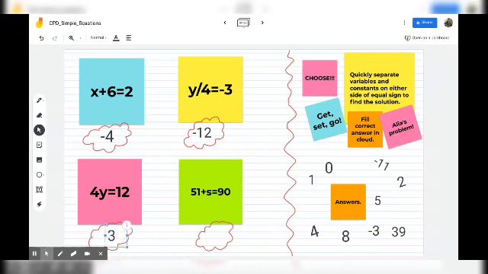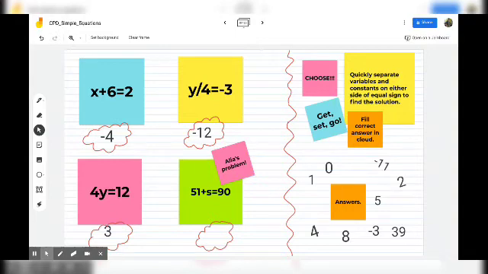So let's put 3 up in here. Now, can you solve Alia's problem? It was 51 plus S equals 90. So S becomes 90 minus 51, which gives you 39.